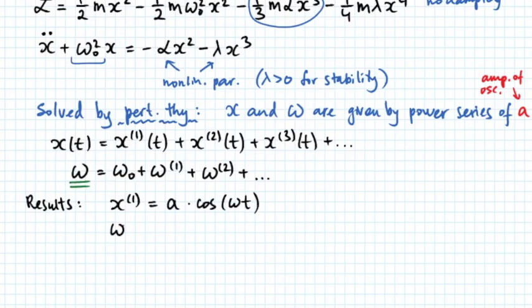The result for the first term of omega gives us 0. In other words, there is no shift in frequency which is linear with A.